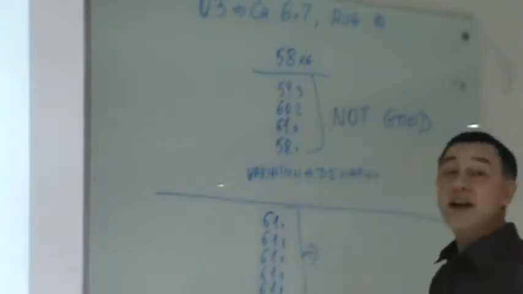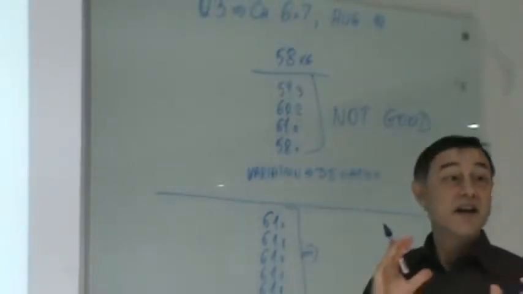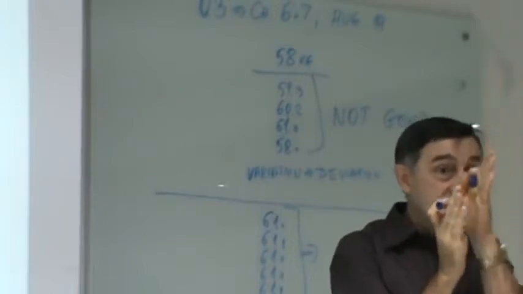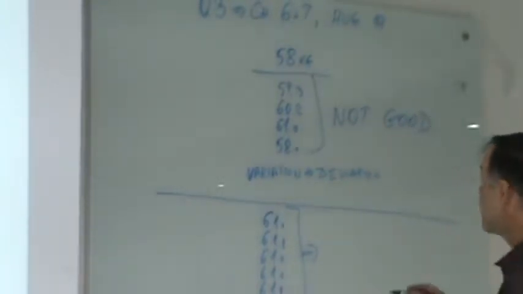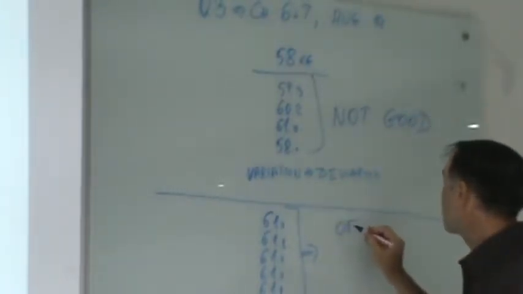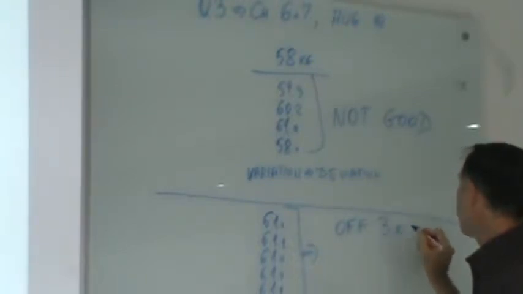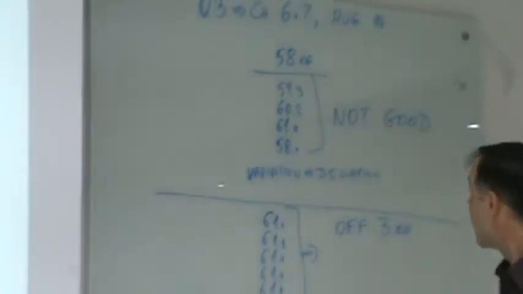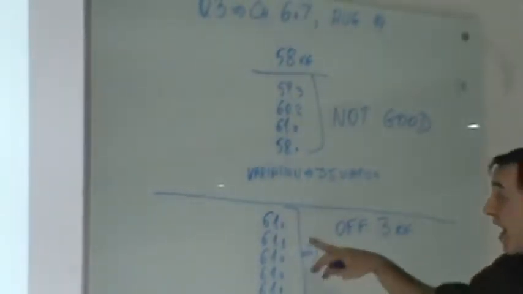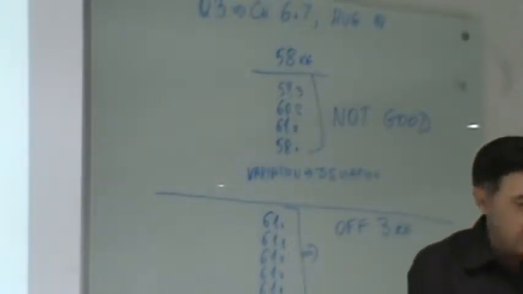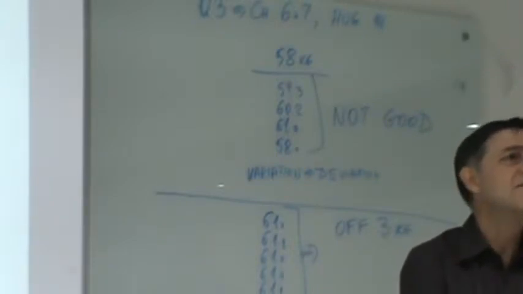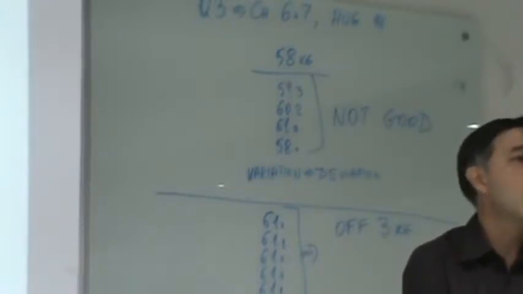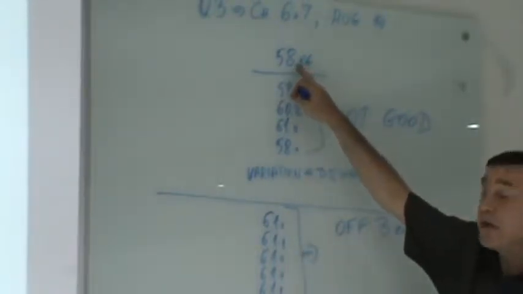Here, in this case, you've got very close numbers, but it's off by 3 kilograms, okay? So you've got a completely different problem. Every time you step on it, it gives you the same number, but every time it gives you the wrong number. The real number is 58, but it gives you 61.